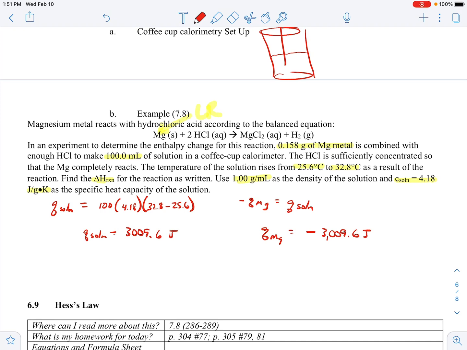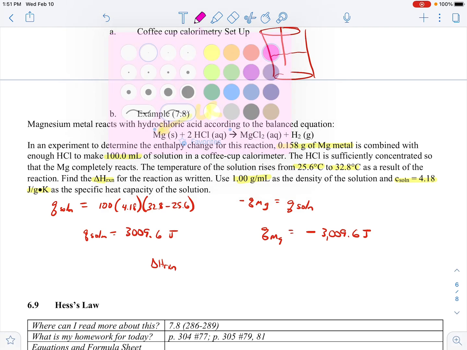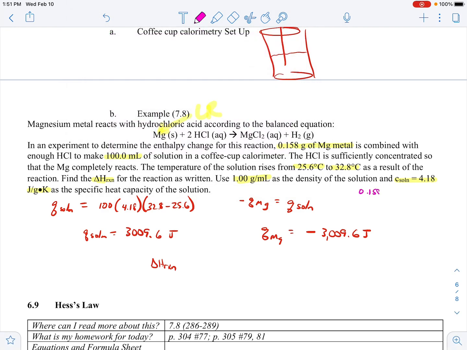Cool. Now we need to find our delta H of the reaction. Delta H is measured in kilojoules most of the time per mole, or in this case, since we have joules right here, we're looking for joules per mole. So our first step, as an aside, is probably to take this 0.158 grams of Mg and convert that to moles of Mg.